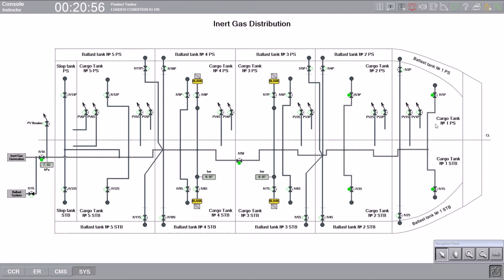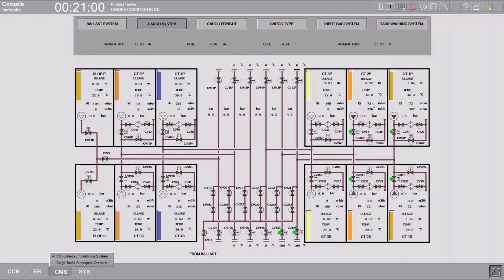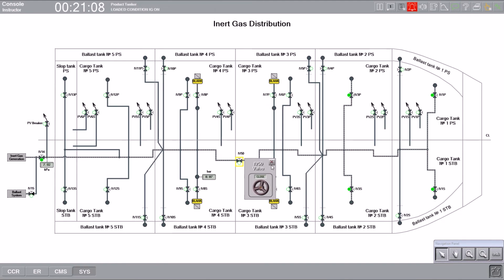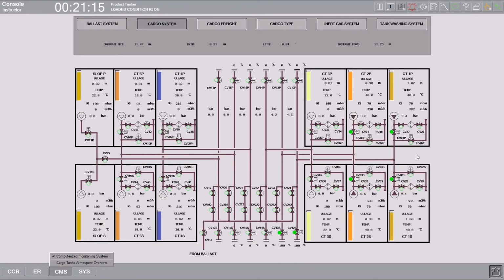So just to remind you that we need to send into the tank 125% of discharged cargo. If you discharge 1000, you have to send into the tank 1250 cubic meters. Just for example, I'll show you if you close the valve, so no more inert gas is sent into the discharged tank, but discharging still goes on.